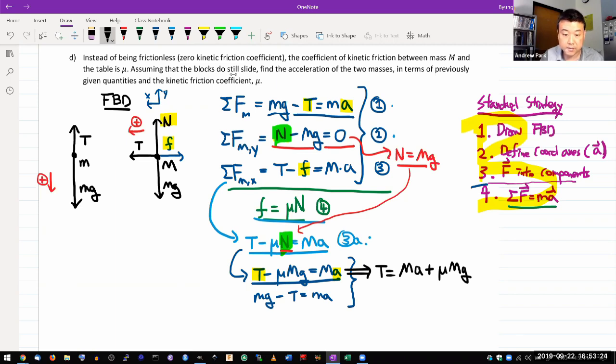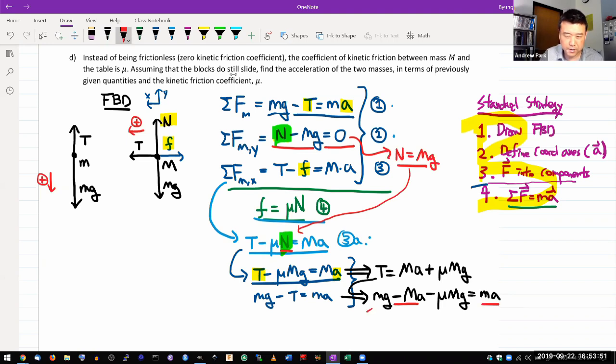I can plug that into the other remaining equation to get rid of tension and have only acceleration to solve for. So it's mg minus big M A, again minus mu mg is equal to small m times acceleration. Collect the like terms, and then solve for acceleration.